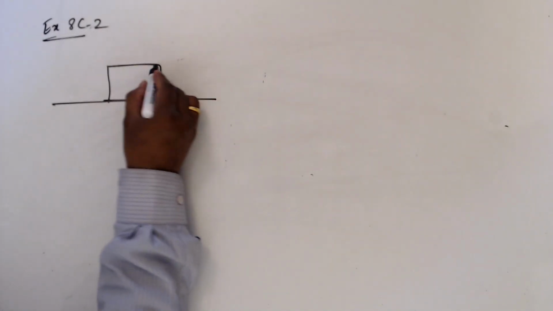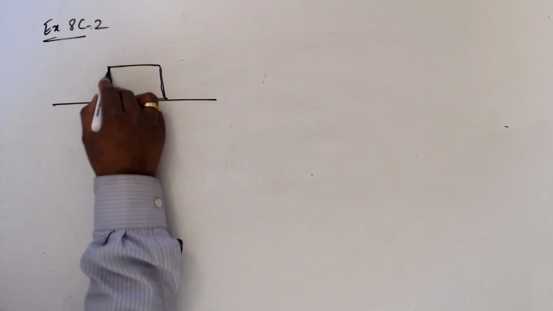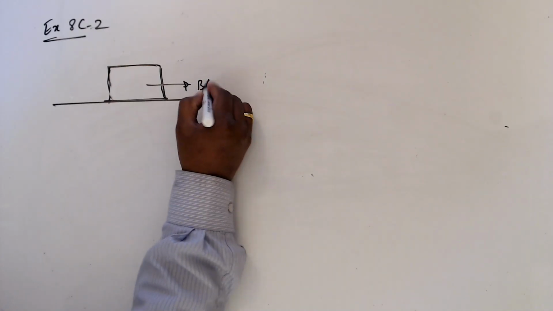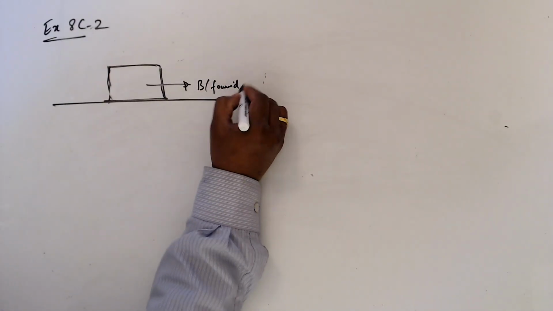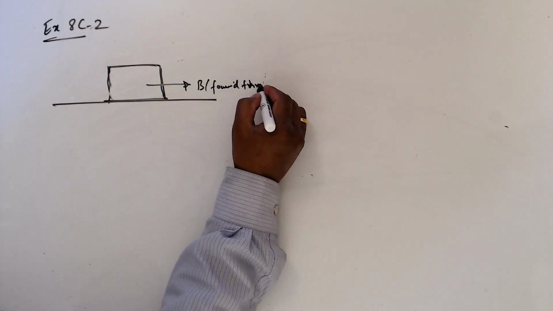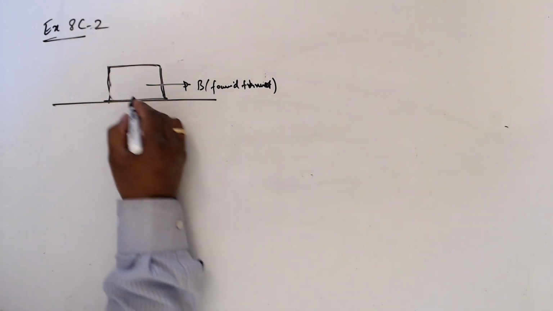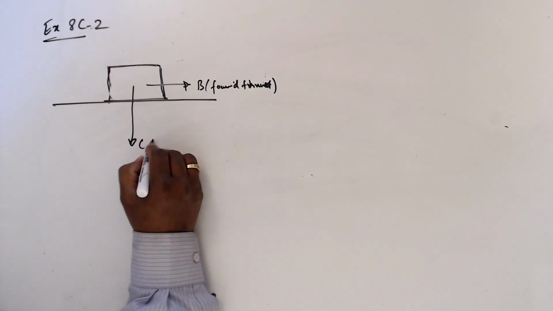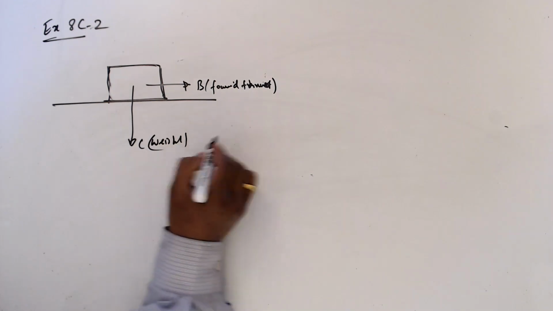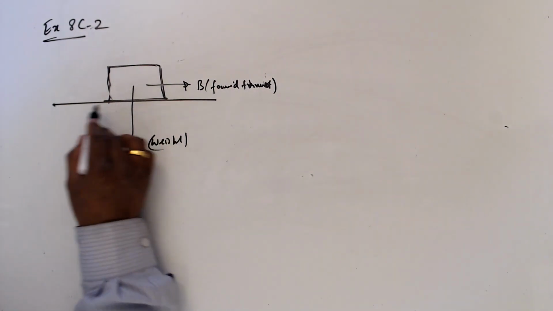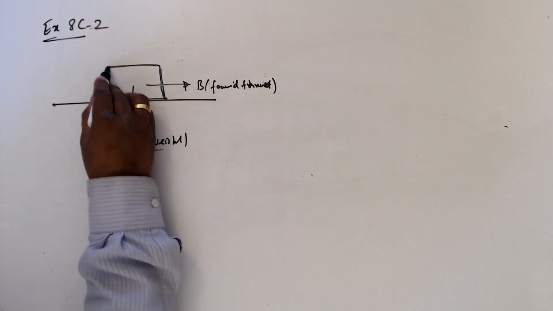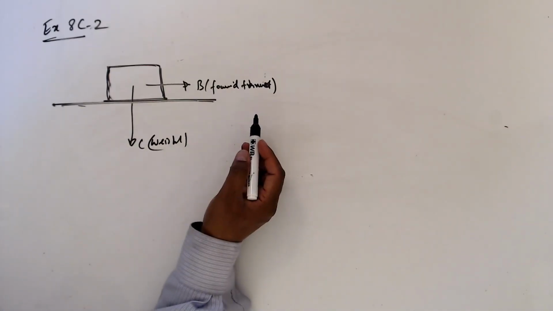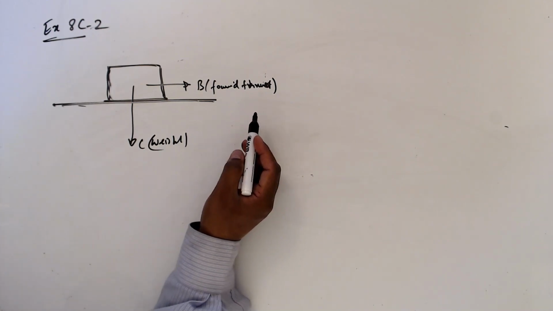Assume that it is a car, then it is going, so its engine generates a forward thrust, which is B, forward thrust, and it has a weight that is C. And now we know that this box is touching this table or rough ground.